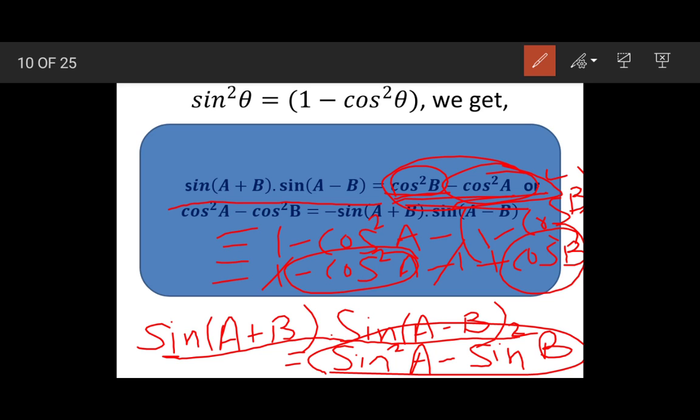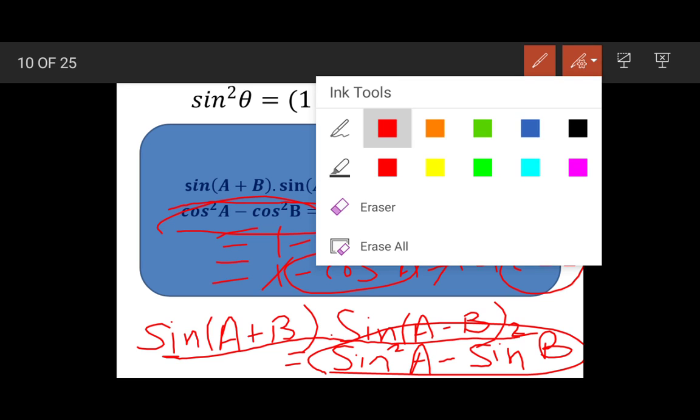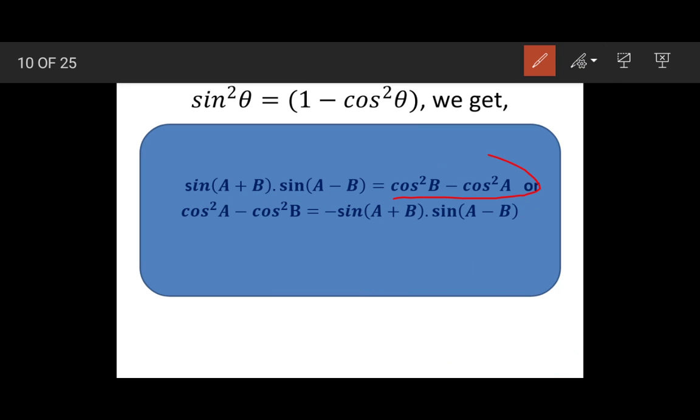This can be written as cos²A minus cos²B. Means what I am doing, I am taking minus as common. So after multiplying both sides by minus, we get cos²A minus cos²B is equal to minus sin(A+B) times sin(A−B).